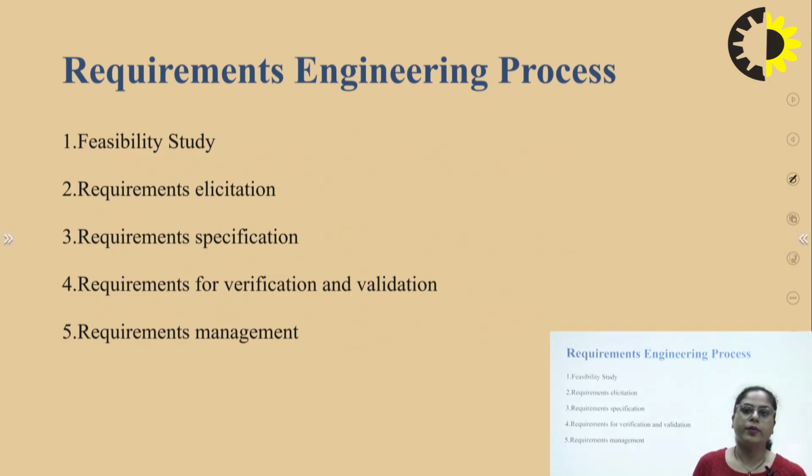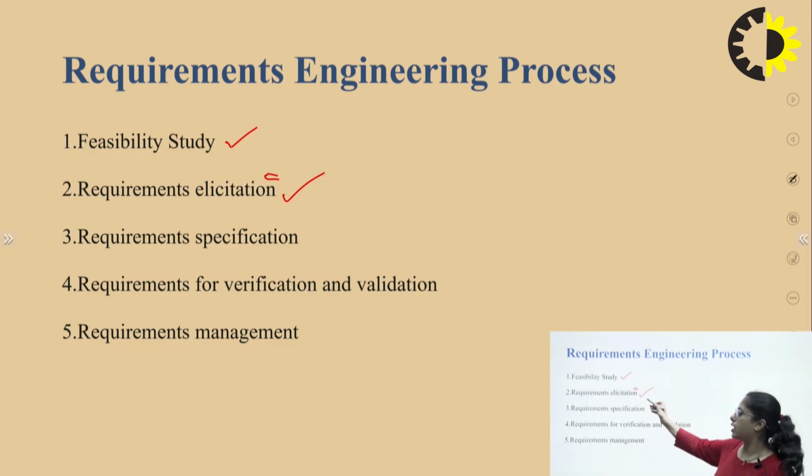So, in the requirement engineering process, there are various phases, or we can say various steps. The first one is the feasibility study. We need to check whether our software is feasible or not. Second is the requirement elicitation. We need to gather the various types of requirements.